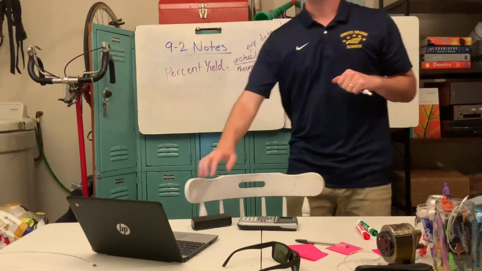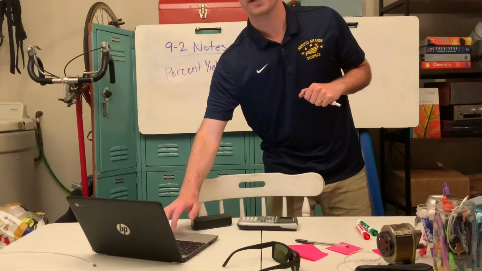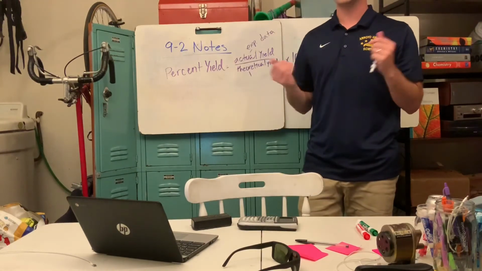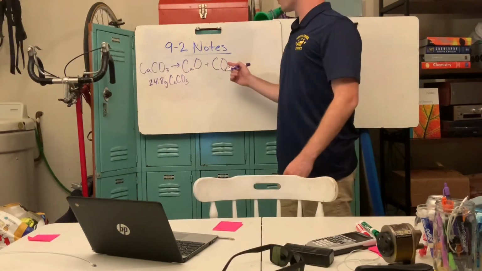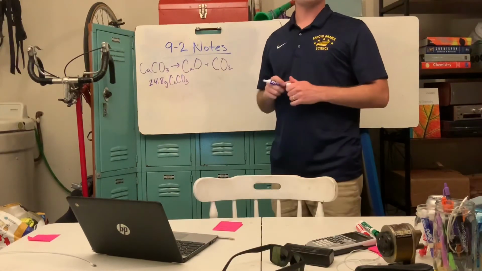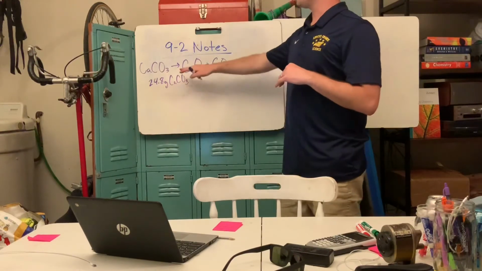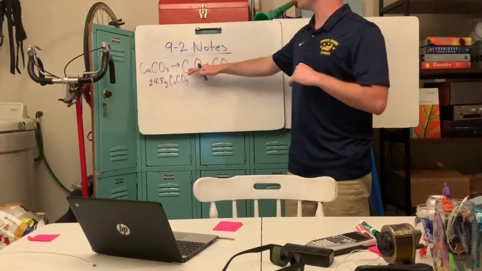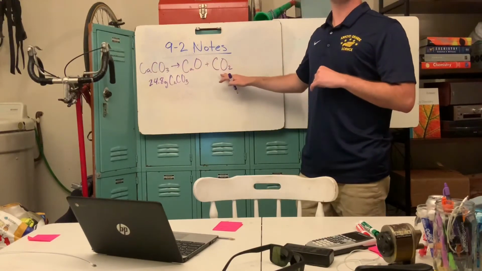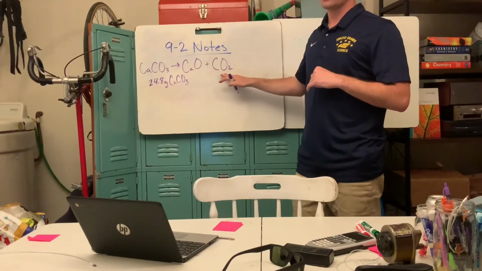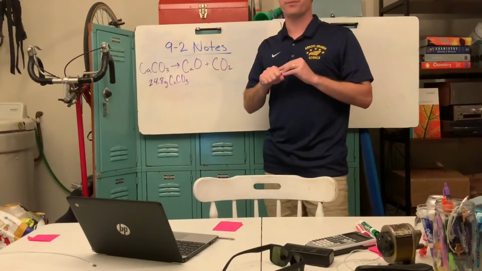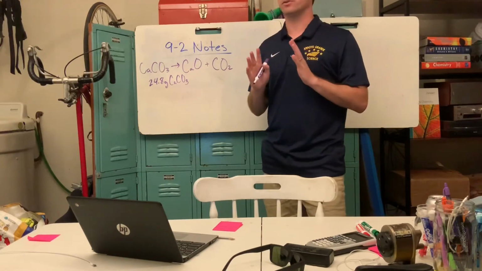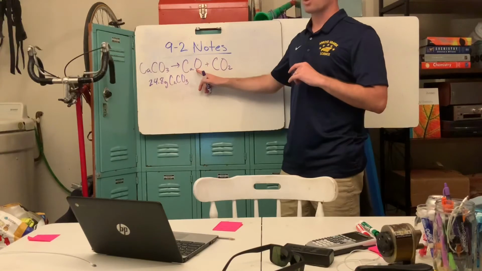Okay, so we're going to do an example of this as well. So let's check it out. We're going to solve a sample problem together. We have the decomposition of calcium carbonate into calcium oxide and carbon dioxide. And so we're going to be able to calculate the percent yield of calcium oxide.